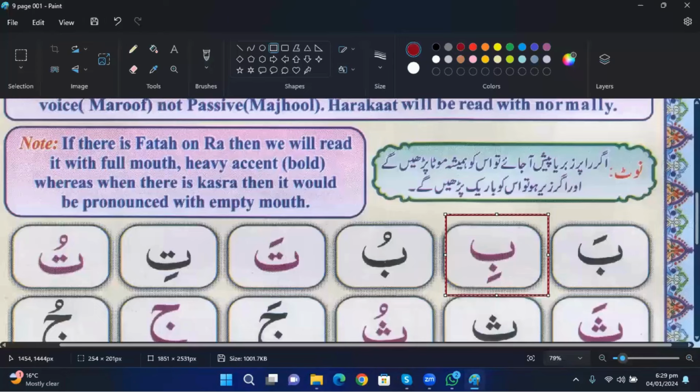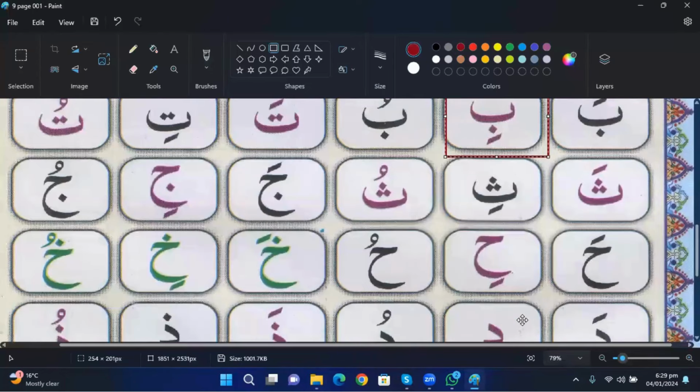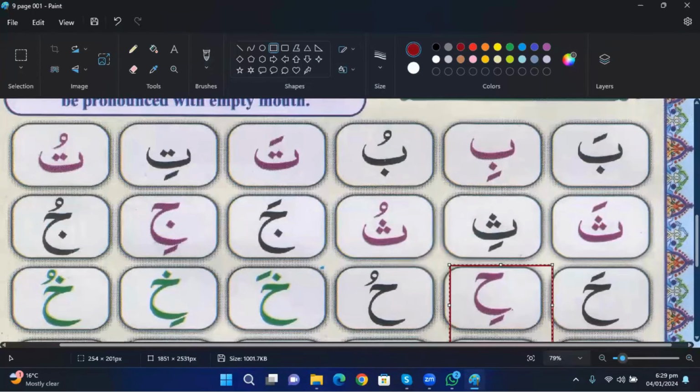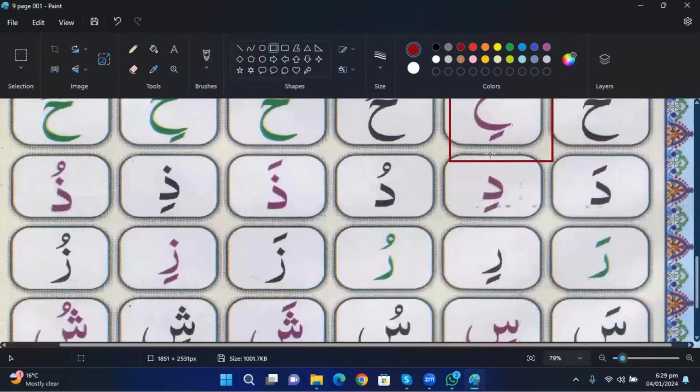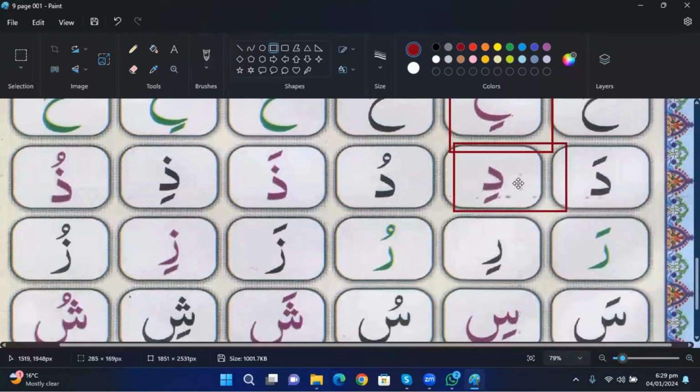So you can point out the letters one by one. Jim kasra ji, ha kasra hi, dal kasra di. You can see that every letter, from the end, is giving us the e sound.